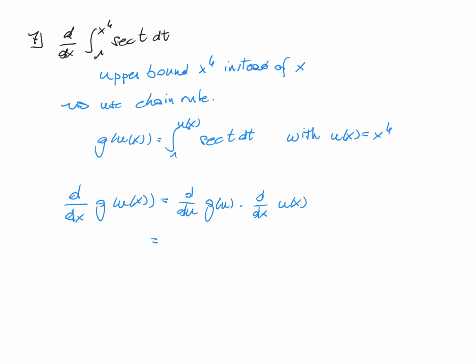Then the first part is the derivative of g of u, so it is my function f of t, which in this case is secant of t, but evaluated at u of x, so secant of u of x times the derivative of x to the power 4. Here we know that u of x is x to the power 4, so this is the secant of x to the power 4 times 4x to the power 3. So the final answer will be 4 times x to the power 3 times the secant of x to the power 4.